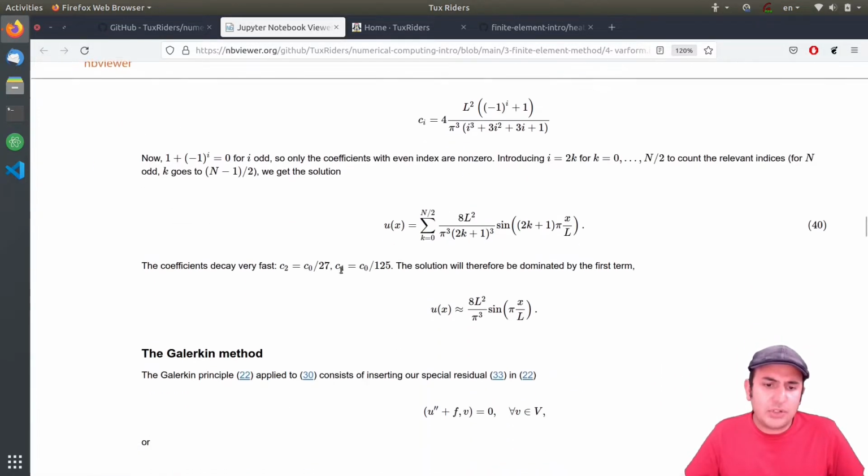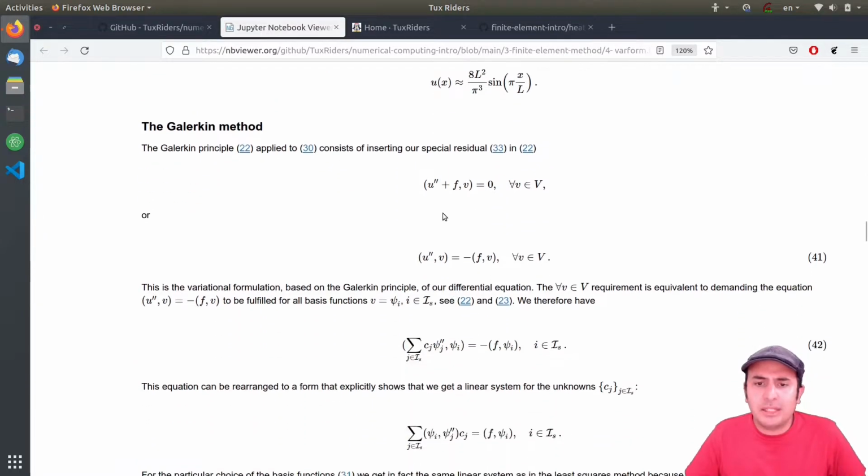This is the basis function, and then for the Galerkin method, you know that we have the inner product of the function, in this case the differential equation, with the test function and the approximation itself. So after having something like this, as I said, this is a bilinear term and this is linear. Here you can see it better.